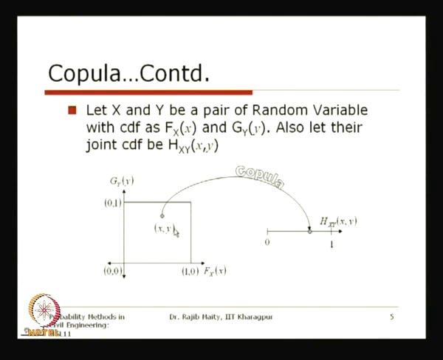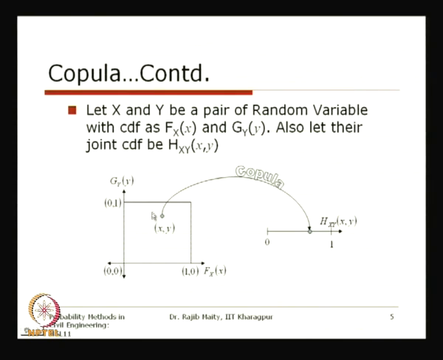The same combination of x and y will correspond to one point on this unit square, over the plane constituted by the cumulative distribution functions Fx(x) and Gy(y). So, this is the point we are talking about.